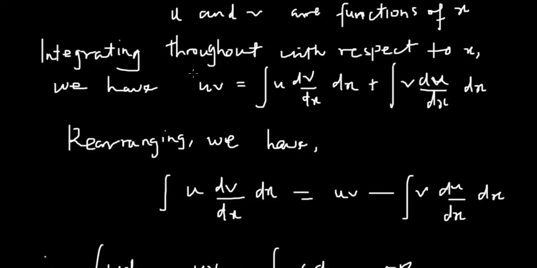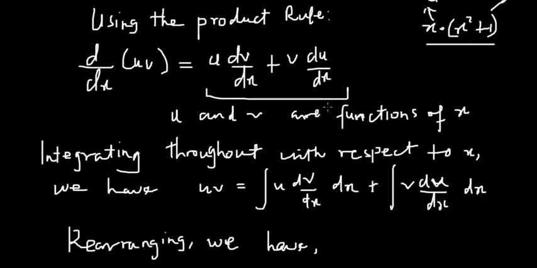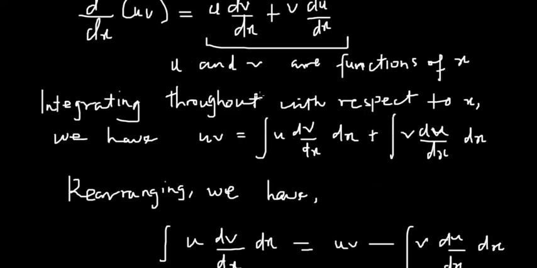Now let's proceed from there. We integrate throughout with respect to x. Since we have u and v as expressions with respect to x, you can integrate the entire expression with respect to x.